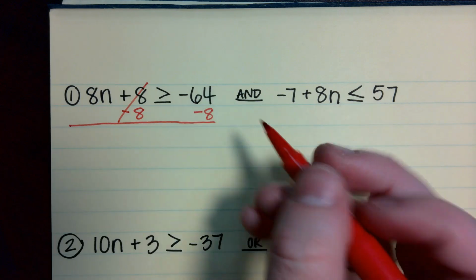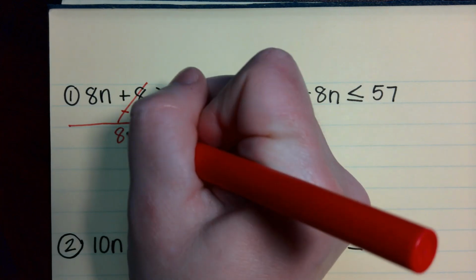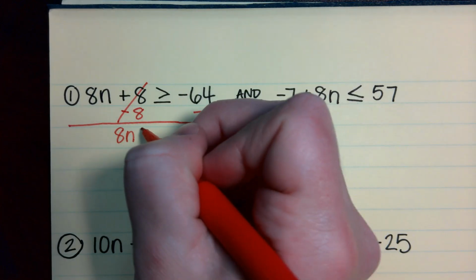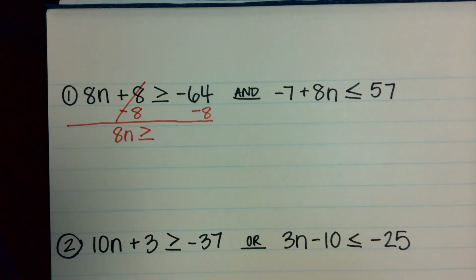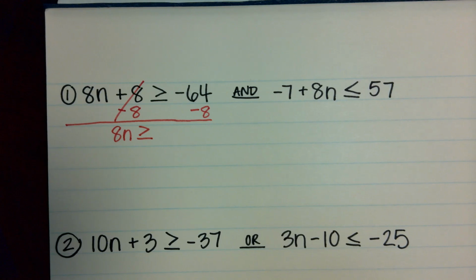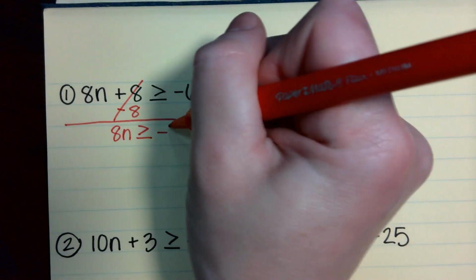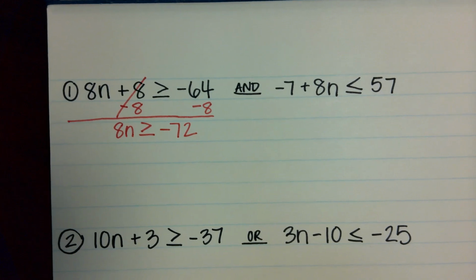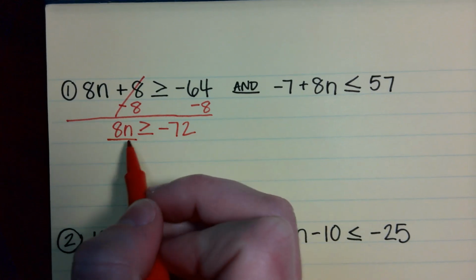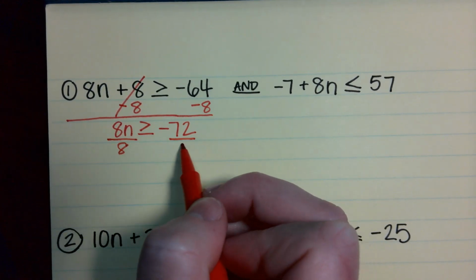Yeah, my 8's are canceled. I'll bring down 8 times n is greater than or equal to negative 64 minus 8. Good, negative 72. Alright, what happens next? Divide by 8 on both sides.